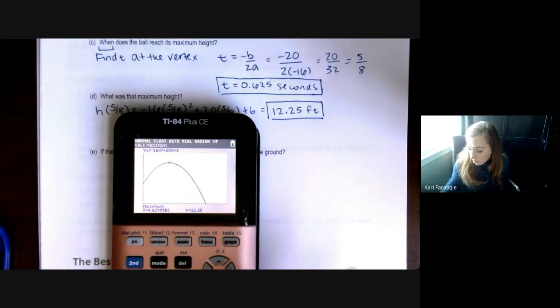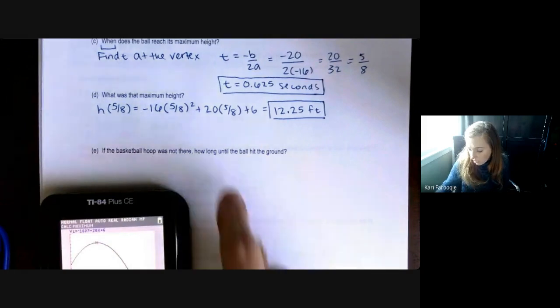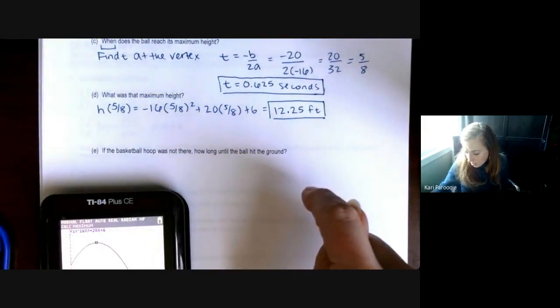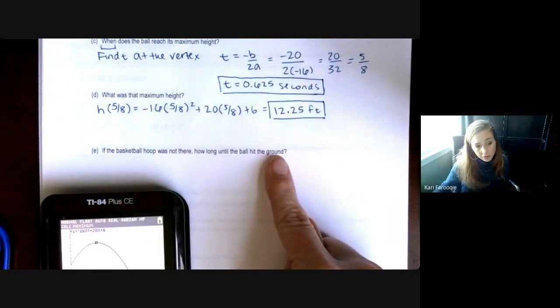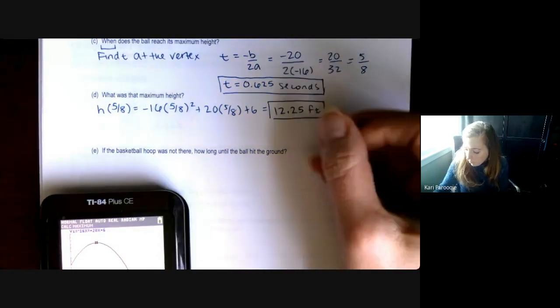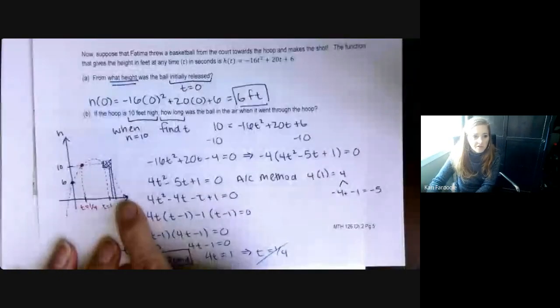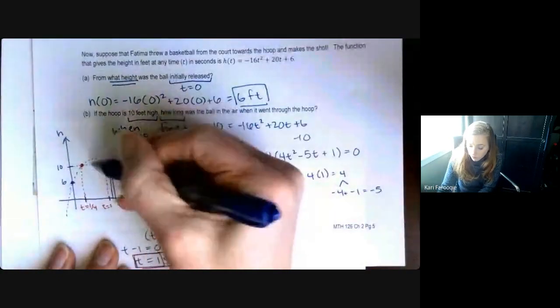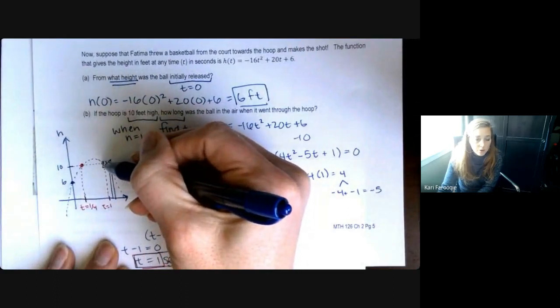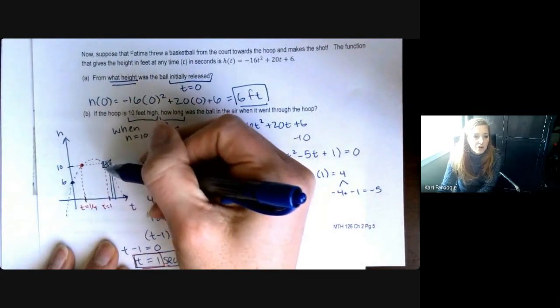Now, the next question we're going to ask, the last question we have, is if the basketball hoop was not there, how long would it be until the ball hit the ground? So what you'd be asking yourself there is to find the value of t when the ball hits the ground. Of course, once it intercepted the basketball hoop, that changed its trajectory.